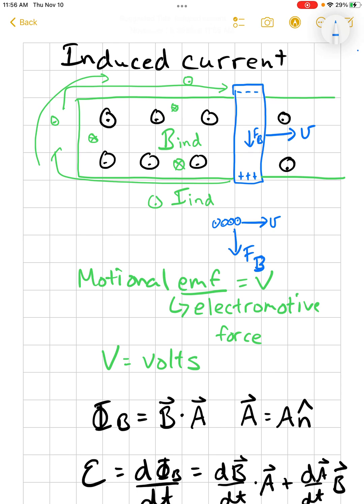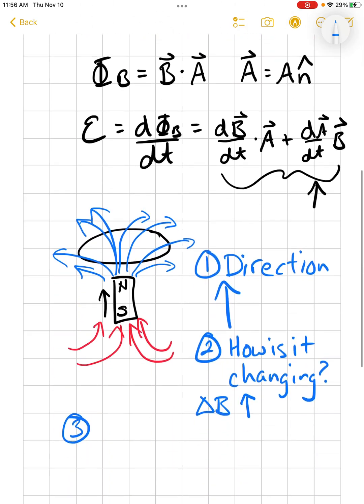We have the bar moving to the right in a magnetic field that's pointing out of the page. And it induces a current that spirals around that loop, and that spiral current creates a magnetic field into the page. So it's trying to oppose the increase in the magnetic field by creating a magnetic field in the opposite direction of the one that's present.